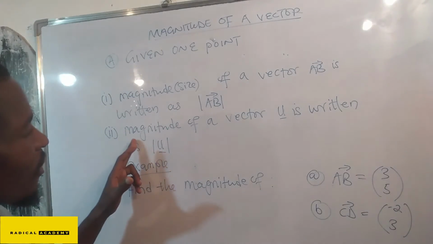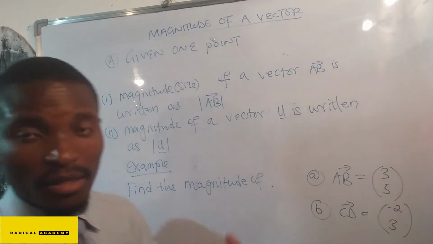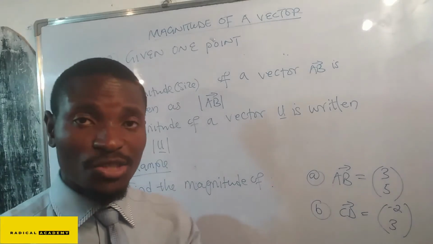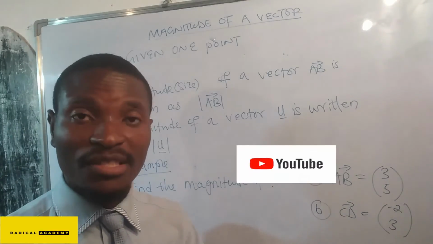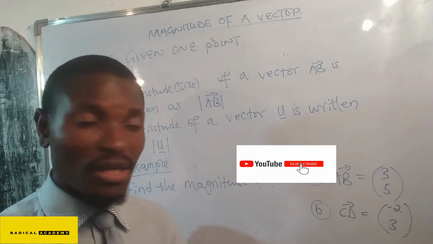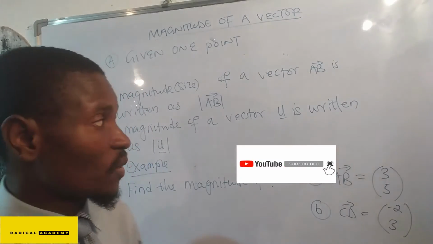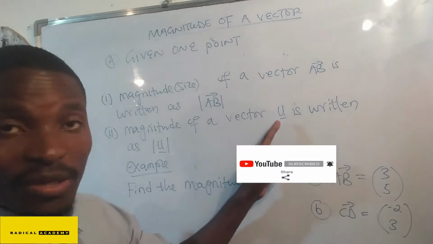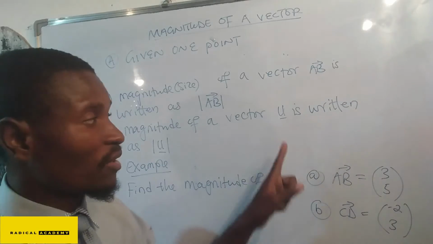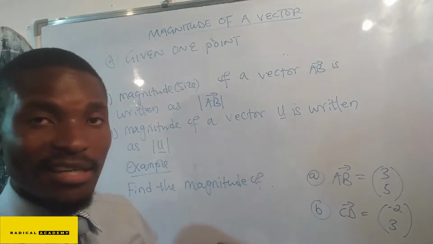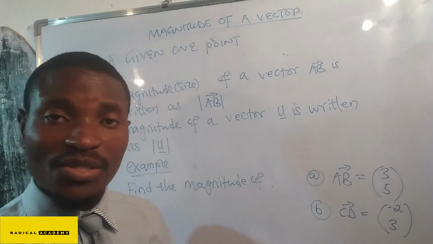The same applies for the magnitude of a vector written in a small letter, which we looked at in the introductory part, so make sure you watch that one. We always underline when presenting vectors using small letters.